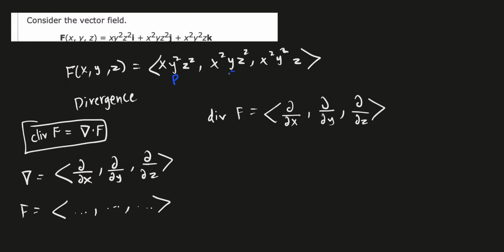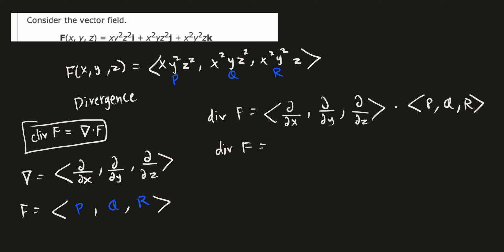I'll name this P, this Q, and this R. Now I can just do del dot (P, Q, R). Then div F is: we multiply this with this, this with this, this with this, and add them together.